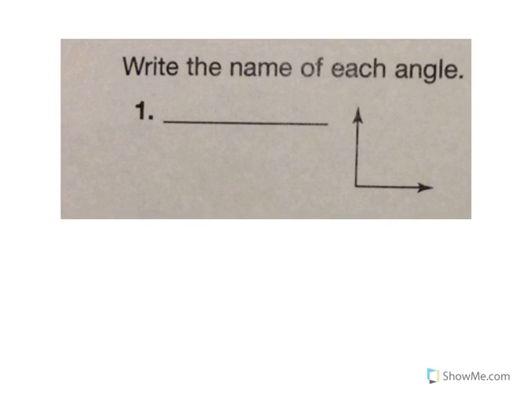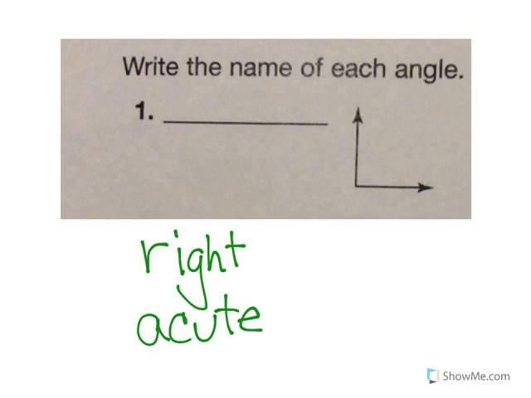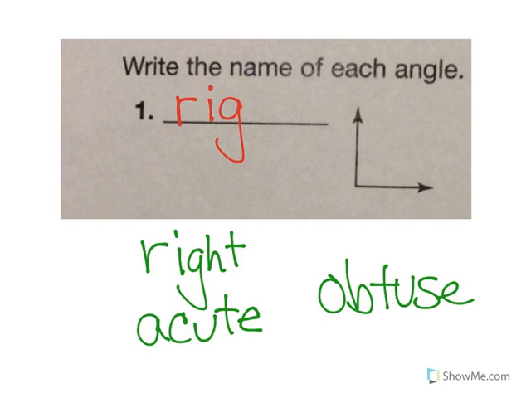Write the name of each angle. So, is this angle a right angle, acute, or obtuse? If you said right, you would be correct.